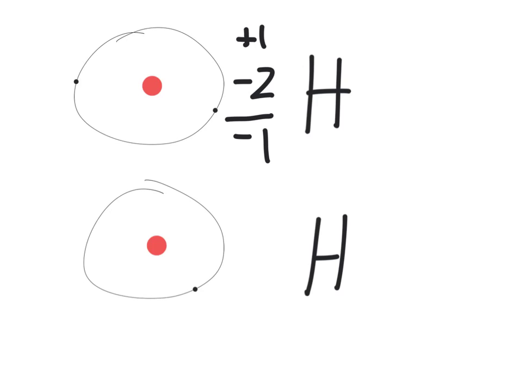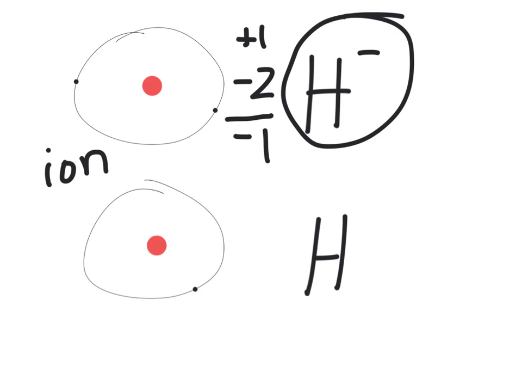It is called an ion when it has a charge, either plus or minus. So I write it like this, H minus. I could write H -1, but we know that if it says minus, that just means 1. If it were -2, I'd want to write the 2. So this represents an ion, and since it's negative, we call it an anion.